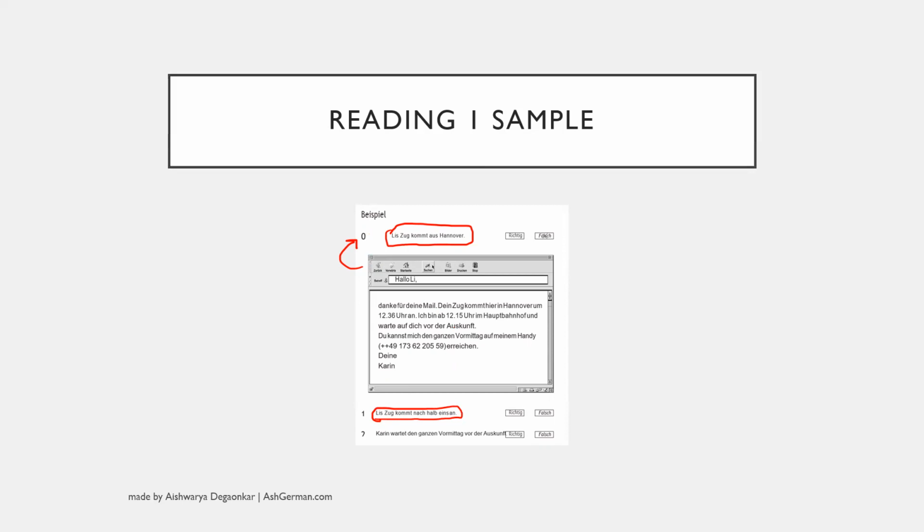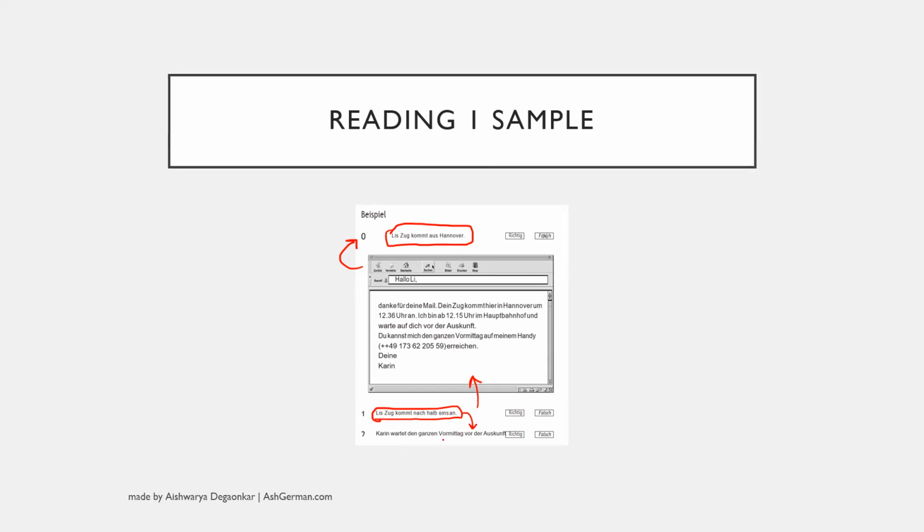But the exercise should always be that you read and understand the statement that you have to mark true or false, and then you go to the text where you try to find either the words that have been mentioned here, or at least the synonyms of these words, or if there's any other way we could use the same word.